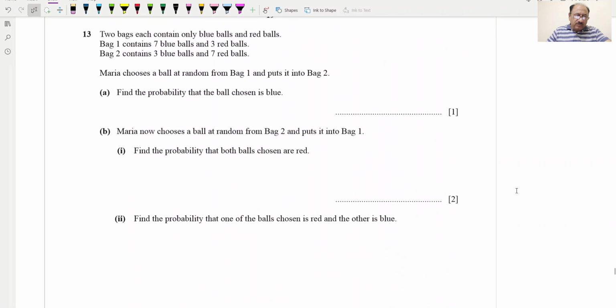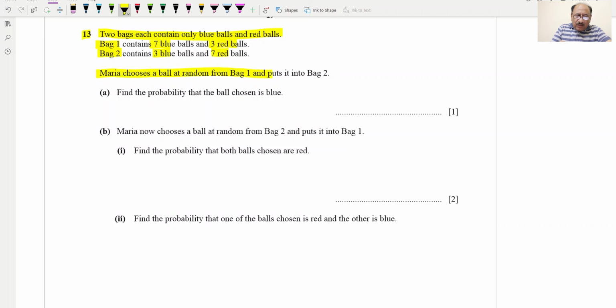Now this is question number 13, a probability question. 2 bags each contain only blue balls and red balls. Bag 1 contains 7 blue, 3 red balls. Bag 2 contains 3 blue and 7 red balls.